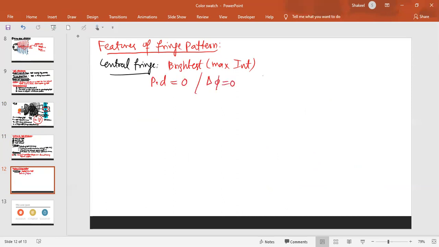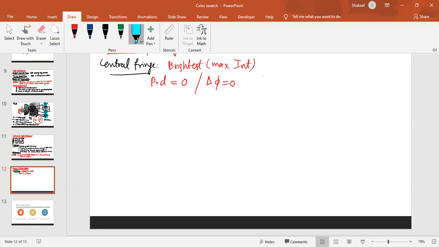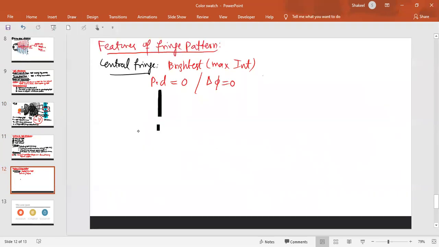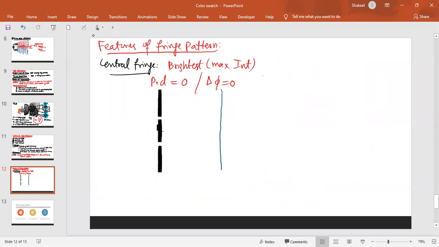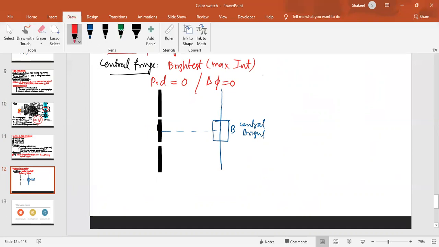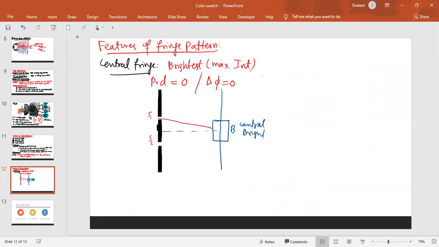Why is that? If I quickly draw it for you, let's say this is the first slit and this is the second slit, and over here is the screen. This is where the bright fringe is formed, the central bright fringe. From S1 a wave is moving and from S2 a wave is moving, to the point O, so S1O and S2O.